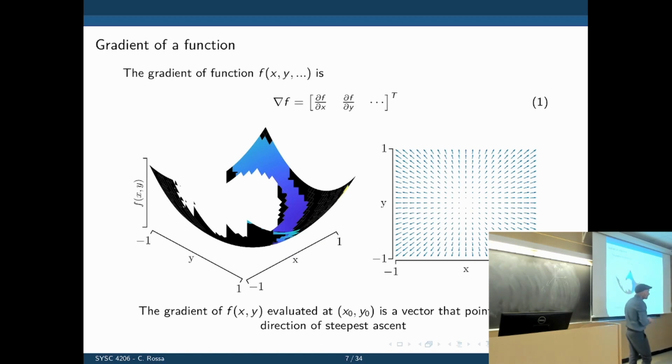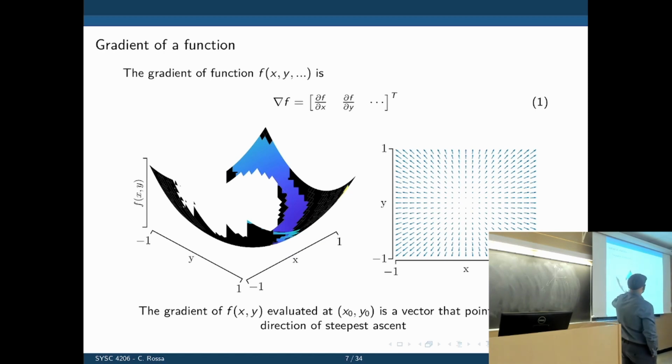Well, that represents a field, a vector field that tells us in which way the function grows or gets smaller. So if you have a function f here of multiple variables, x in this case here is just a two variable function, x and y, the gradient is now a vector that has all the partial derivatives of that function.